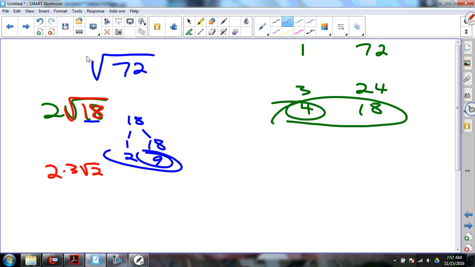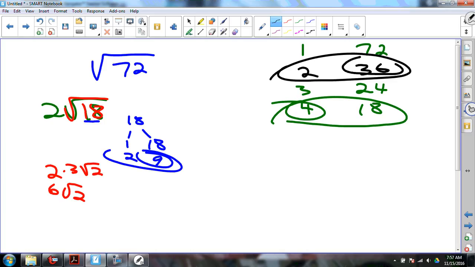And so 2 times 3 is 6, and that should be 6 times the square root of 2. And if I had picked 2 and 36 right from the onset, I would have got there a lot faster. Yeah, so the deal is you want to pick the pair of factors that has the largest perfect square. Does that make sense? Okay.